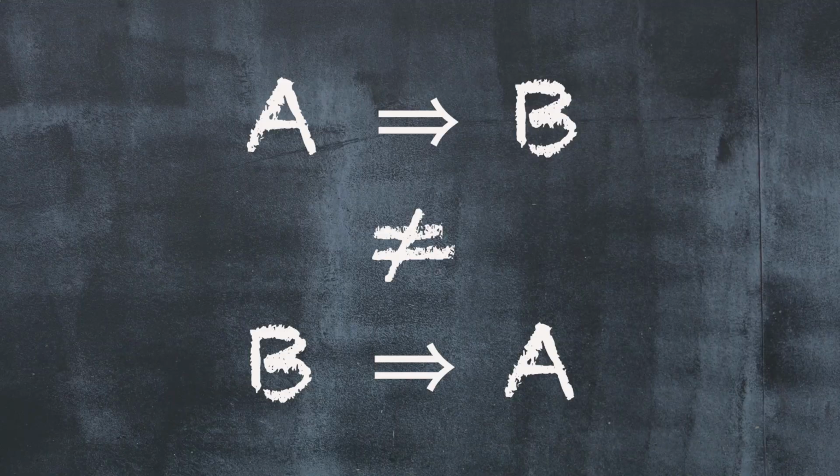A particular case of this error in the deduction process consists in confusing A implies B and B implies A, but they are not at all the same thing. For example, if the shop is closed, then I cannot go and do my shopping there.